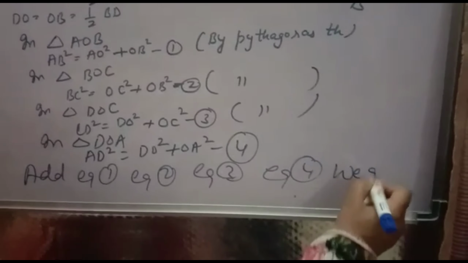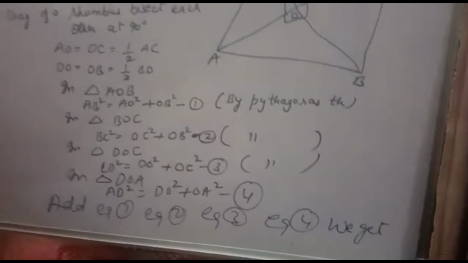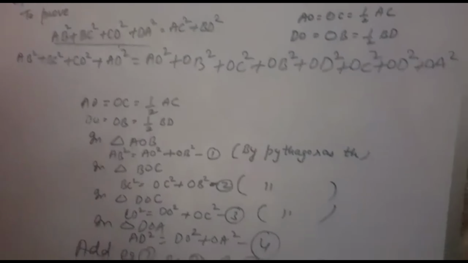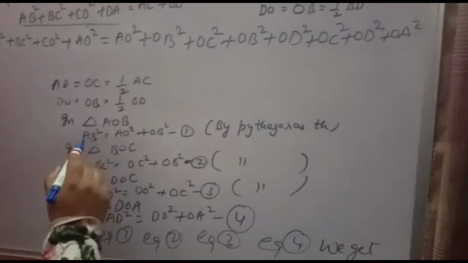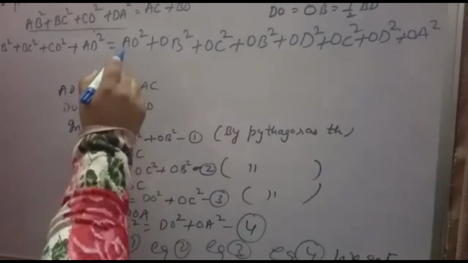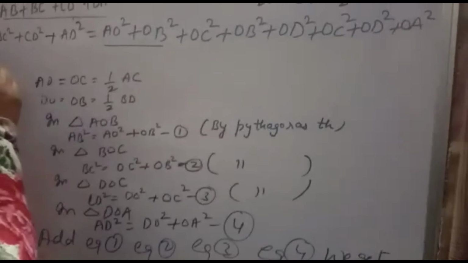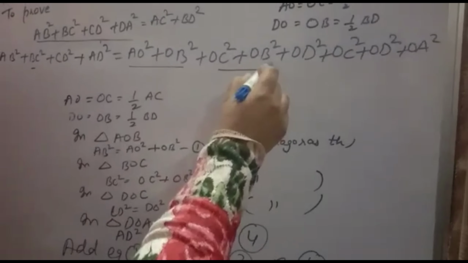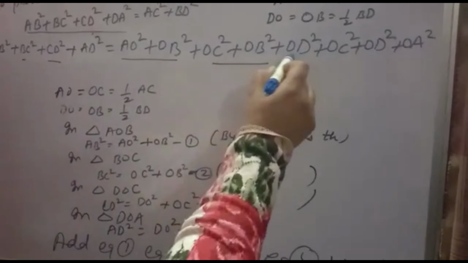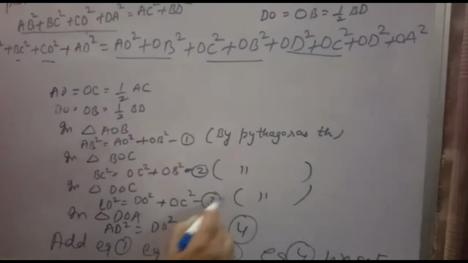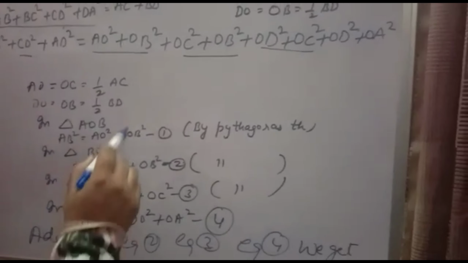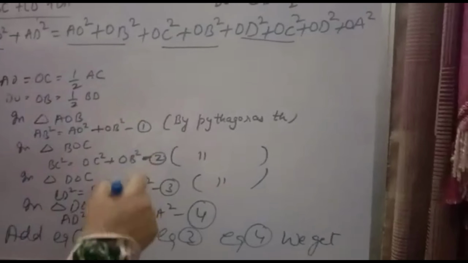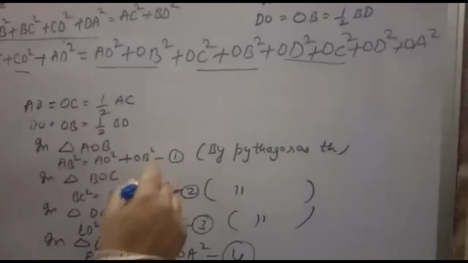Adding them, we get AB square is equal to AO square plus OB square, BC square is equal to OC square plus OB square, CD square is equal to OD square plus OC square, and AD square is equal to OD square plus OA square. I have not rubbed this because it will be clear from here that you are adding both the LHS and RHS.